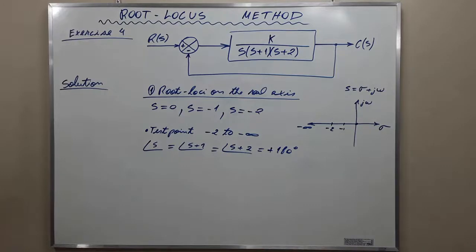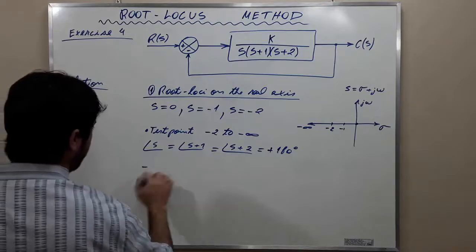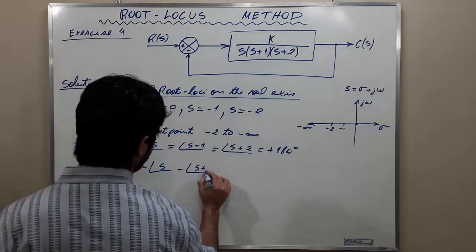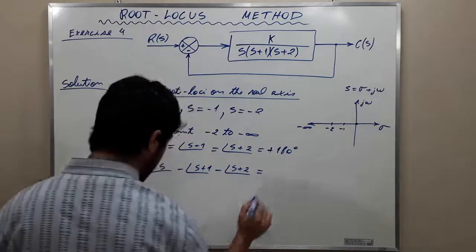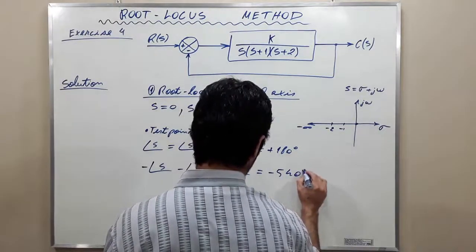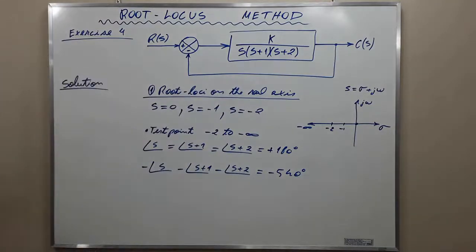If we do this, the negative of the angle of s minus the angle of s plus 1 minus the angle of s plus 2 is equal to negative 540 degrees, and negative 540 degrees does satisfy the angle condition.